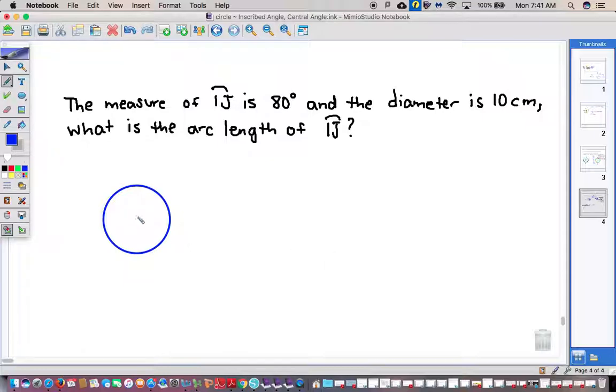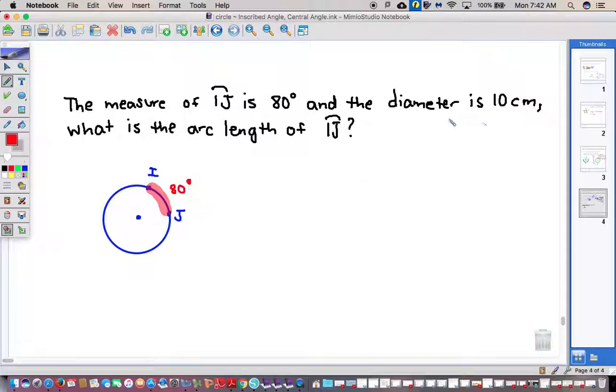Okay, so I'm going to call this point right here my center. And I want to know the measure of IJ. I know the measure of IJ is 80 degrees. So I'm just going to pick 2 points here. I'm going to call this I, I'm going to call this J, and I'm going to indicate my arc right here, and I'm going to say that this is 80 degrees.